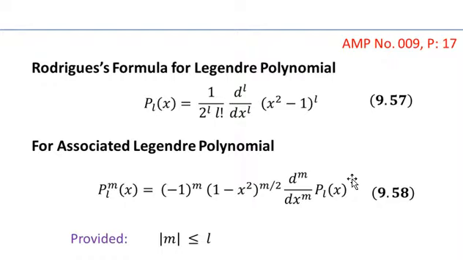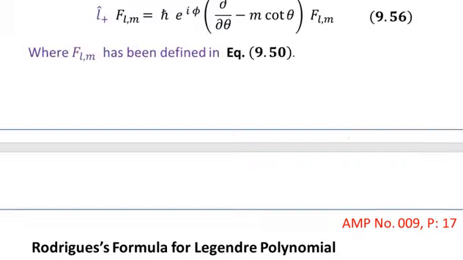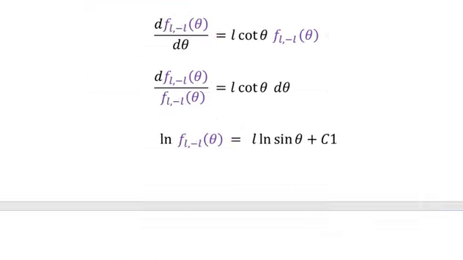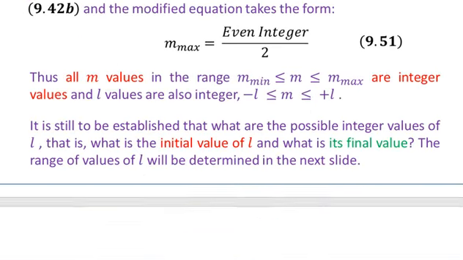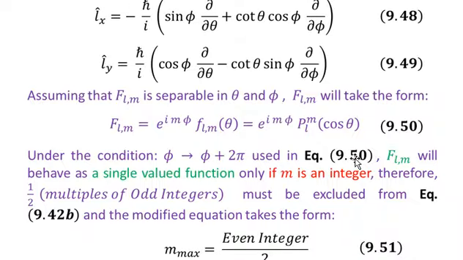Now, in equation number 50, let me show you equation number 50 first. You can see that this small FLM, which is the theta dependent part of the wave function, has been represented by the associated Legendre polynomial, represented by capital P with the two subscripts L and M, as a function of cos of theta.